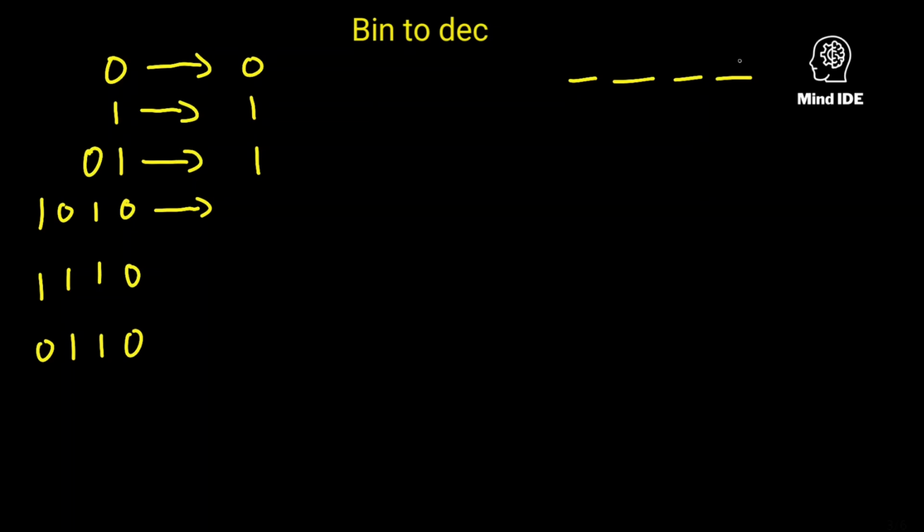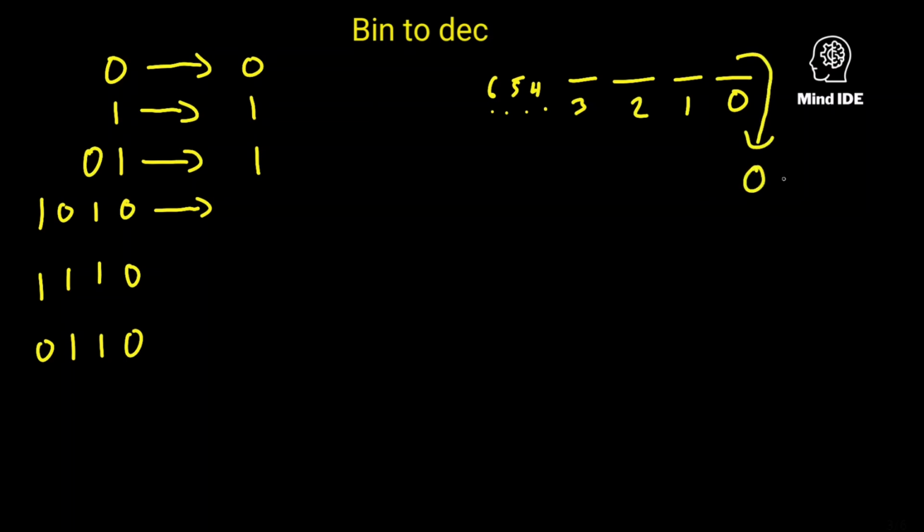Whatever is in this column, if it's a 0, then we have 0 times 2 to the 0. Let's think of this as the 0 position. So 0, 1, 2, 3, and so on. That would continue on. So 4, 5, 6. So whatever you have in this column, okay?